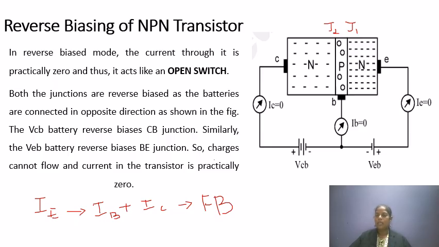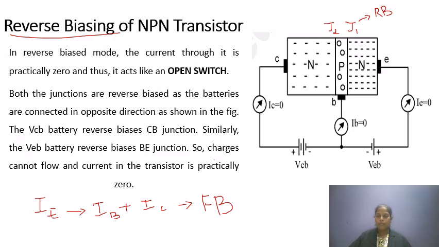So this is reverse bias. Negative to positive, positive to negative. So this is reverse bias in the NPN transistor.